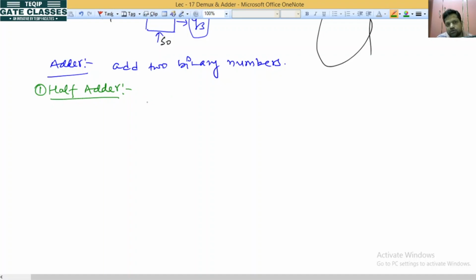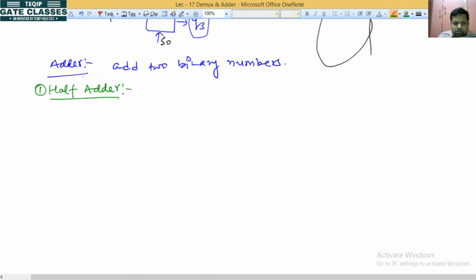If we talk about half adder, so we know how to construct a combinational circuit. We have to find out first the number of inputs and number of outputs, then we build a truth table, then we simplify that function and then we implement it with the circuit. Okay na.